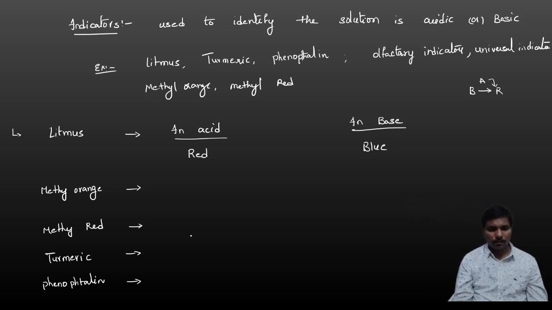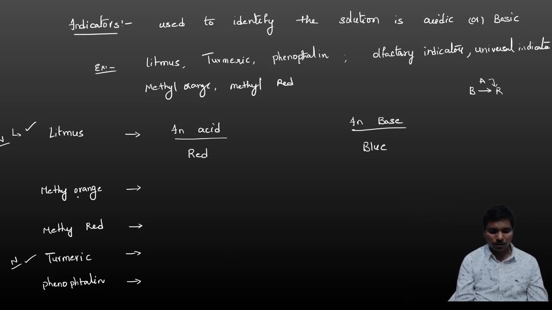Let us take methyl orange in case of base and in case of acidic, how they behave. This litmus paper and this turmeric are nothing but natural indicators. And methyl orange, methyl red, phenolphthalein are synthetic, that is chemical type indicators. Okay.